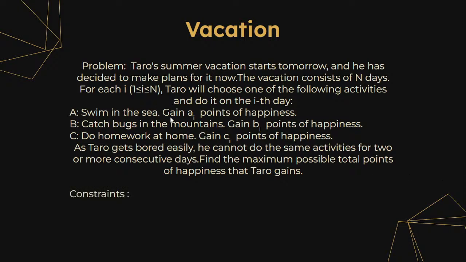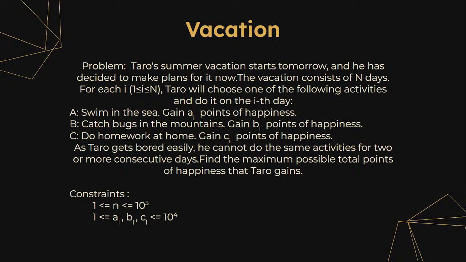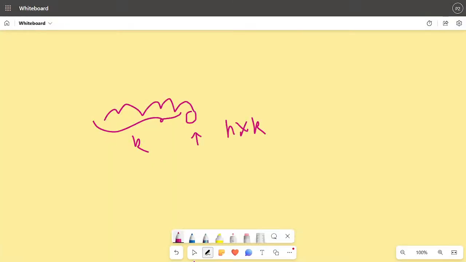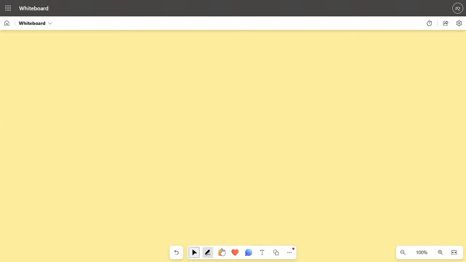Okay, so the points are given per activity per day. We have 3 activities and we have to find the maximum total points. The constraints are n is 1e5 and ai, bi, ci are up to 1e4. So the problem is again straightforward.